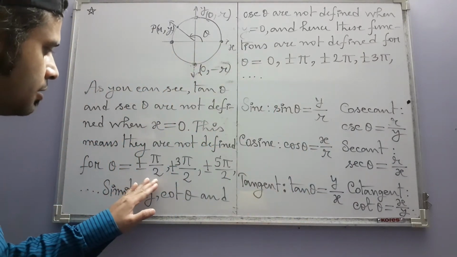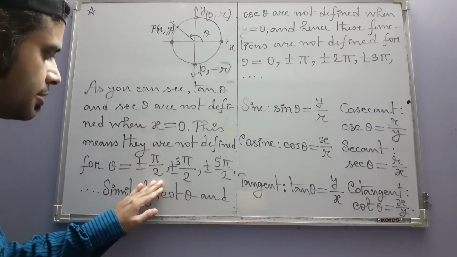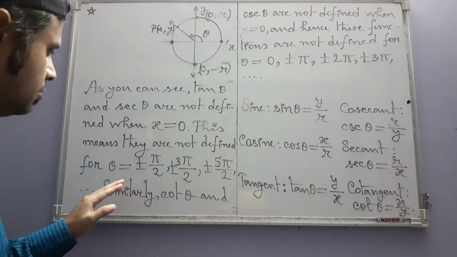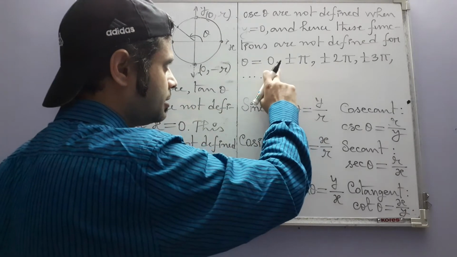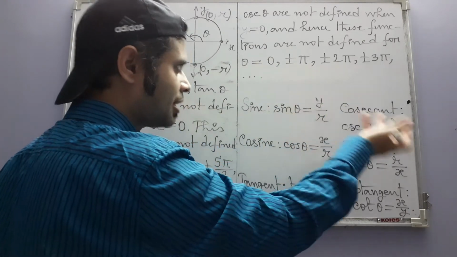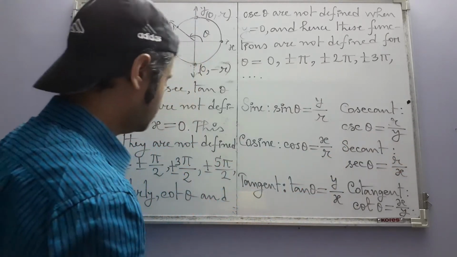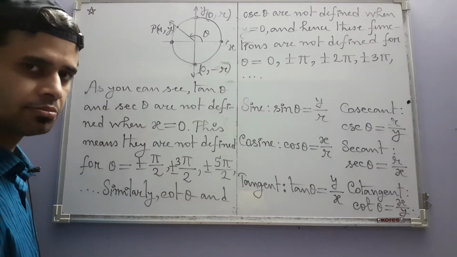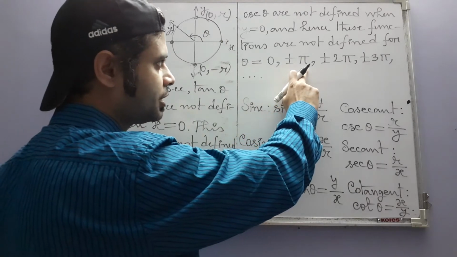To see what is the relationship between these problematic values and these problematic values, you can see that these are all even multiples of pi divided by 2, whereas these are all odd multiples of pi divided by 2. We are not writing pi divided by 2.